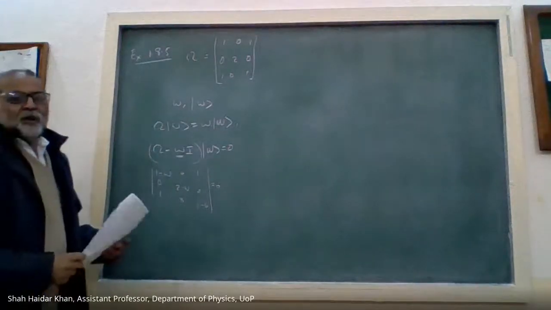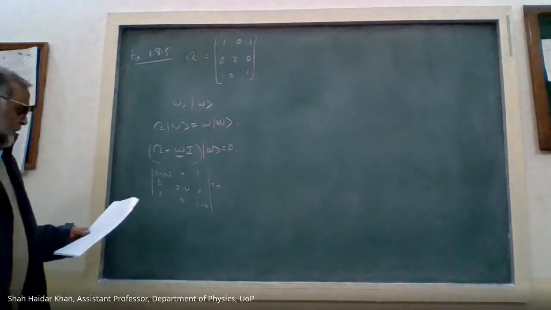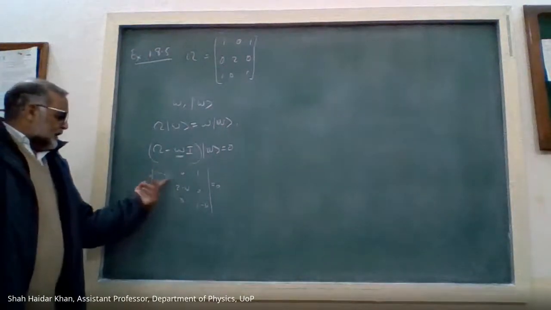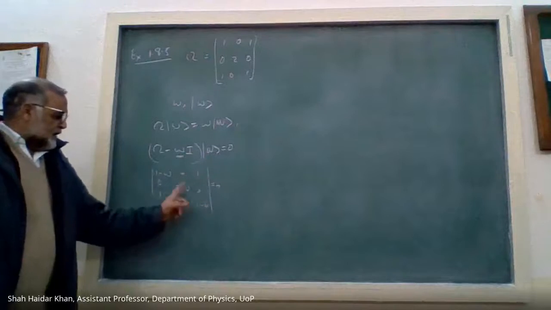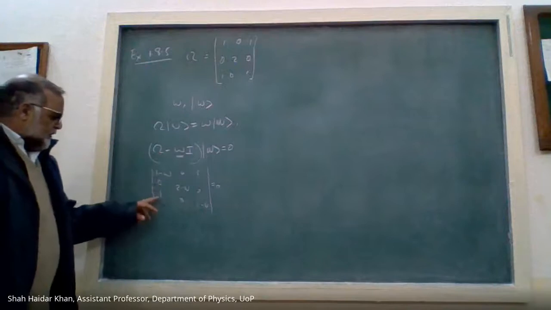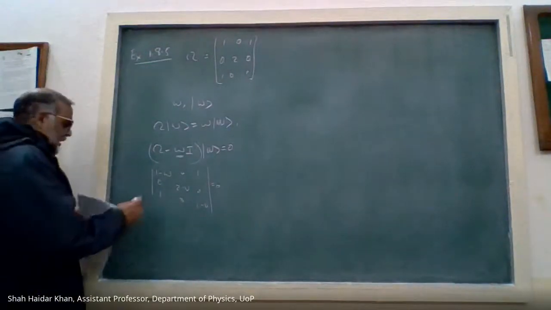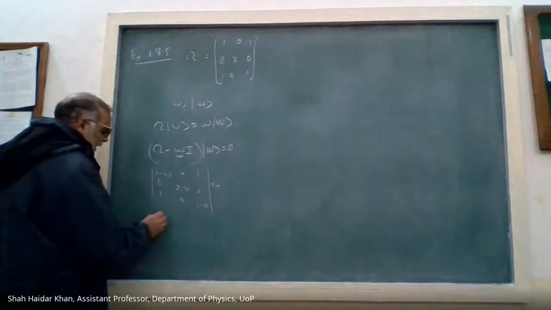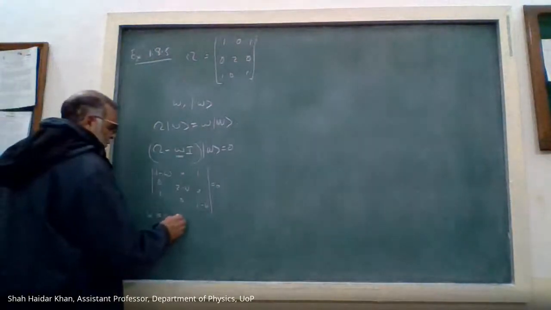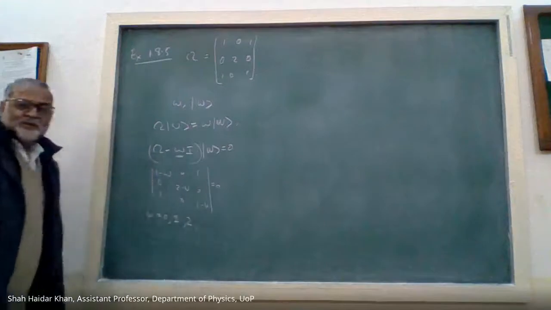a polynomial of degree 3, right? And by solving this, you have to expand it along a row, multiplying by this minus this, with respect to this, then with respect to this. Then, if you remember, we got omega is equal to 0, and it was 2 and 2.